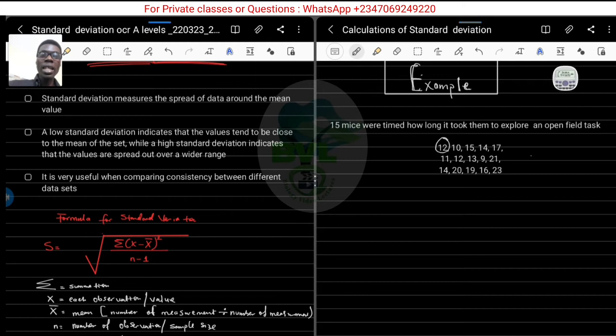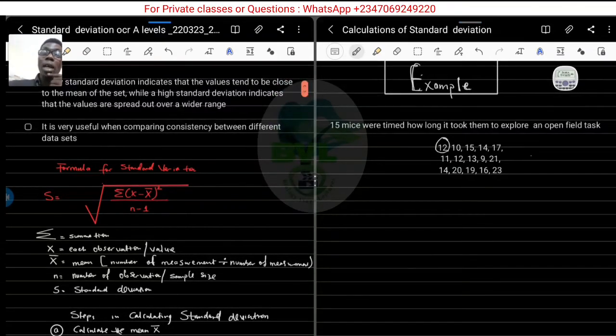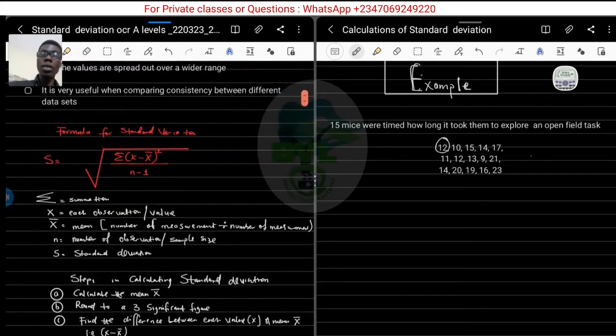Now you need to remember this formula. The good news is you'll be given this formula in the exam. For OCR, you'll be given this formula. You're going to have the data available, but there's nothing wrong in you understanding each of this, and if you can just remember it.